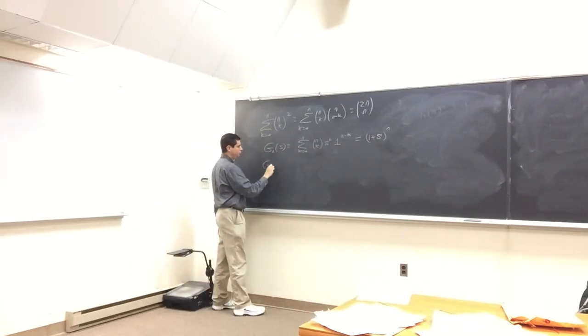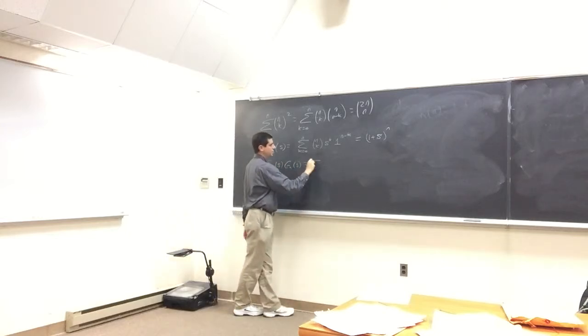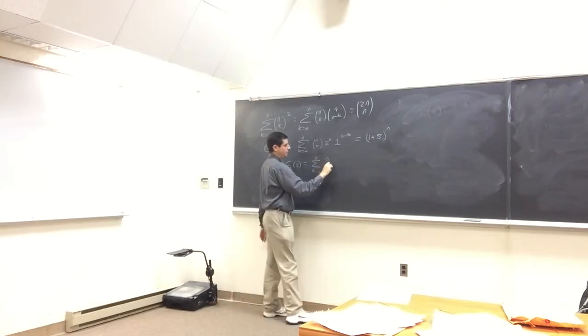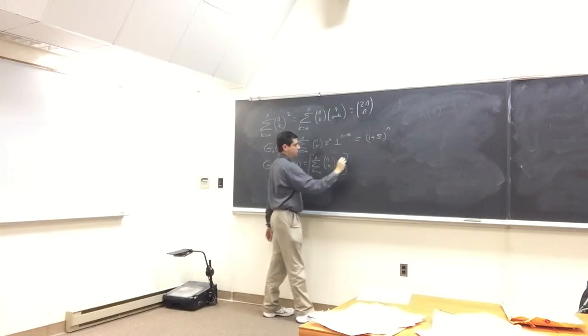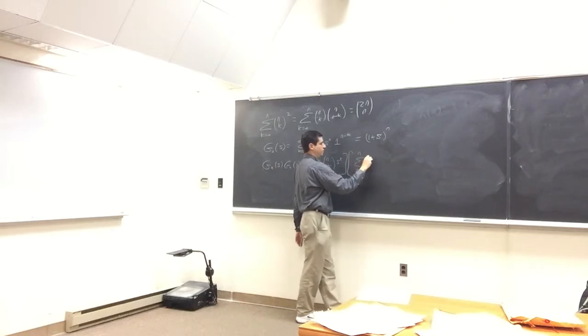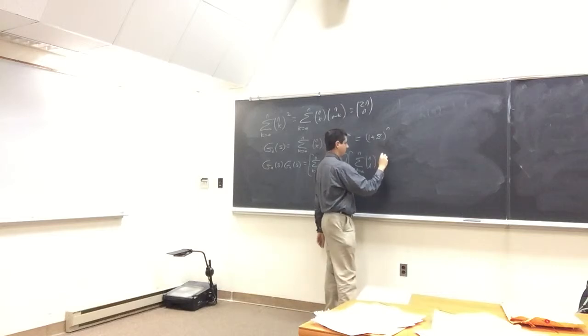So if I look at g_A of s times g_A of s, this will be a sum, k goes from 0 to n of n choose k, s to the k, and a sum of L goes from 0 to n of n choose L, s to the n minus L. I'll write it this way.